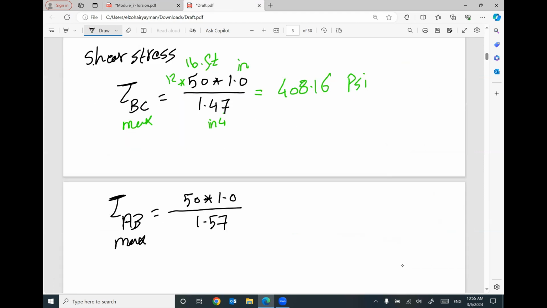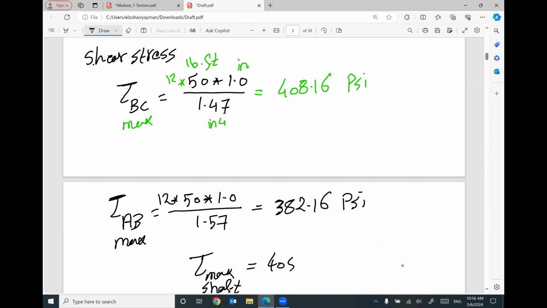So for the value of the shear stress, don't forget to multiply this 50 by 12. So 12 times 50 divided by 1.57 will give you a value of 382.16 psi. So the maximum shear stress in this shaft in general will be the biggest value, 408.16 psi.